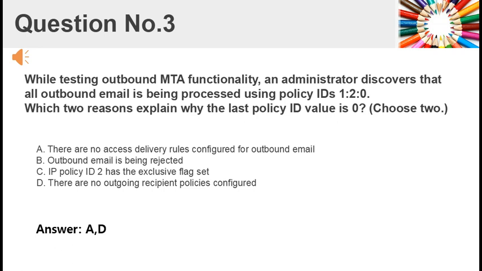A. There are no access delivery rules configured for outbound email. B. Outbound email is being rejected. C. IP policy ID 2 has the exclusive flag set. D. There are no outgoing recipient policies configured. Answer: A, D.